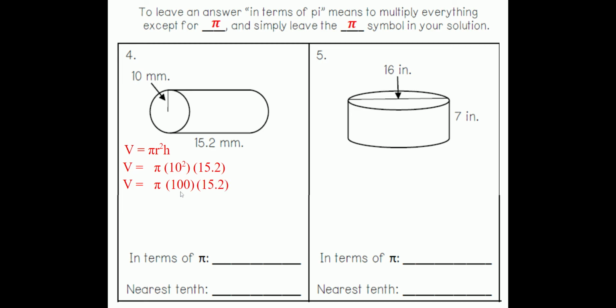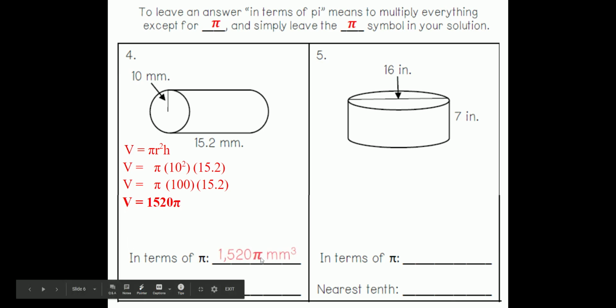And when they want us to leave our answer in terms of pi, they don't want us to write 3.14 here. So notice I just kept this pi symbol, but they still want us to multiply everything else out. So we're going to multiply 100 and 15.2, and that gets us 1,520. And then we kind of just leave the pi there, almost like it's a variable. So our volume is 1520 pi millimeters cubed.